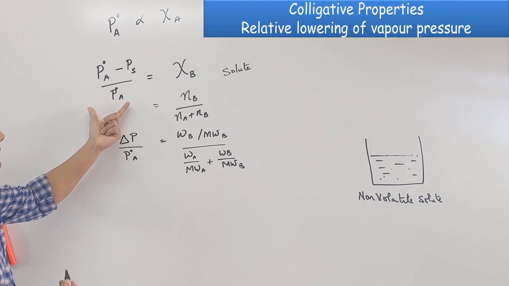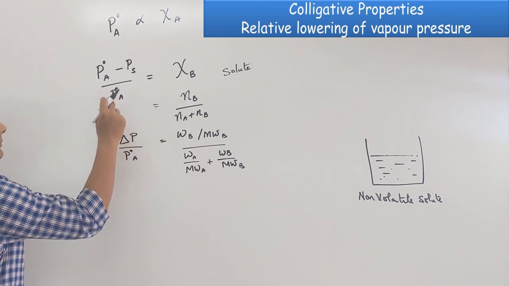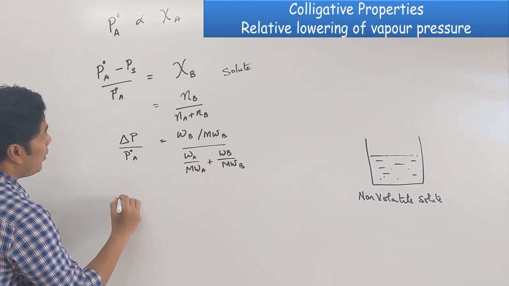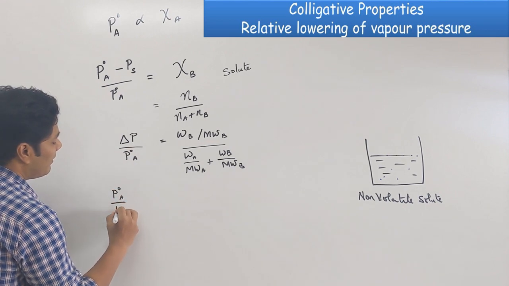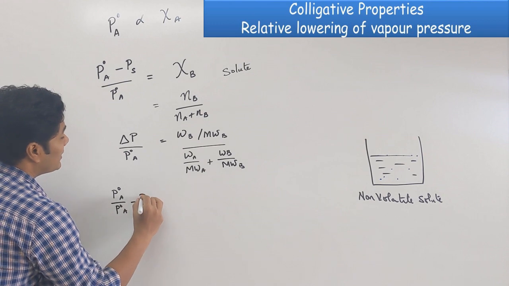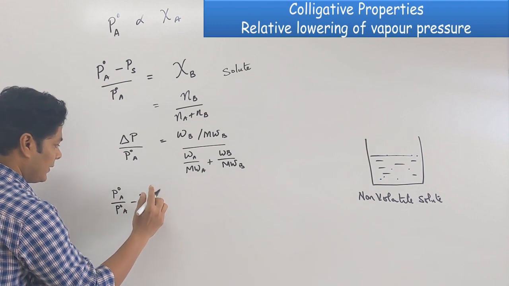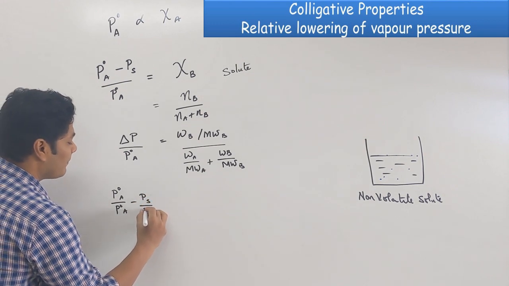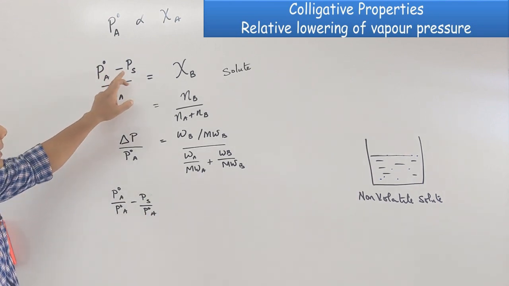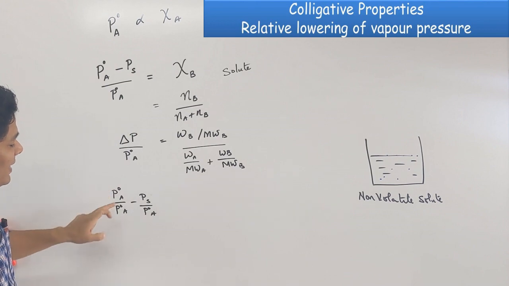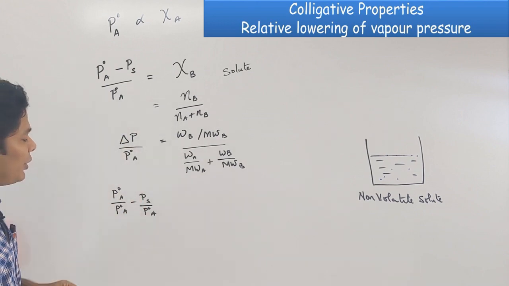Let's simplify this. This can be written as P naught A divided by P naught A minus PS divided by P naught A. So basically what I have done is A minus B divided by A is A by A minus B by A, common denominator.